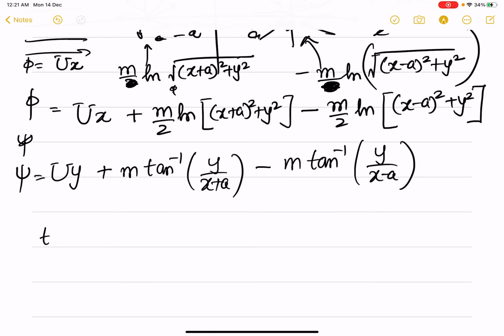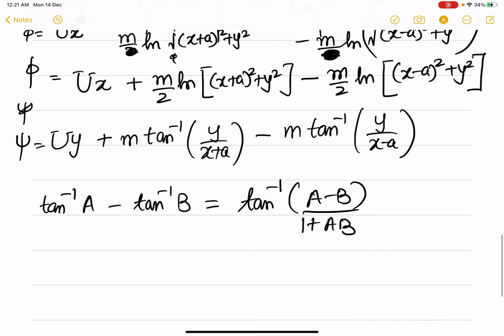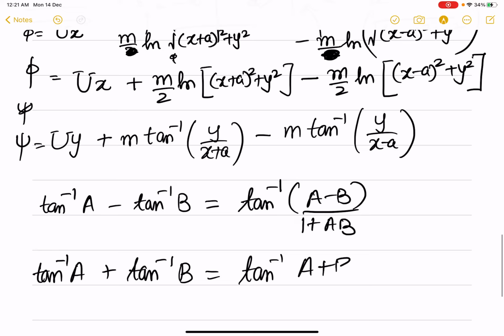For example, we know there's a formula: tan inverse a minus tan inverse b becomes tan inverse of a minus b divided by 1 plus ab. Or you may come across where two things are added up, then tan inverse a plus tan inverse b becomes tan inverse of a plus b divided by 1 minus ab.